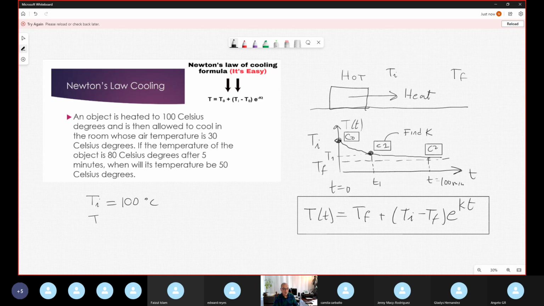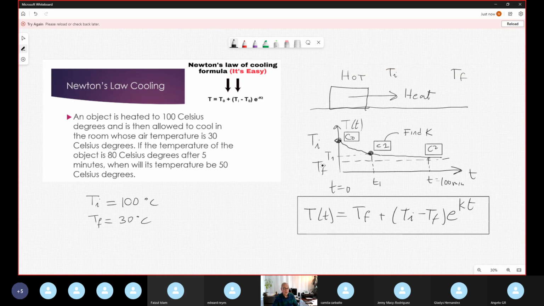So that is the temperature final. For example, you leave the object in the room and you come back tomorrow. I suppose all the heat goes outside the object, and the temperature of the object is the temperature of the room. This is the final.